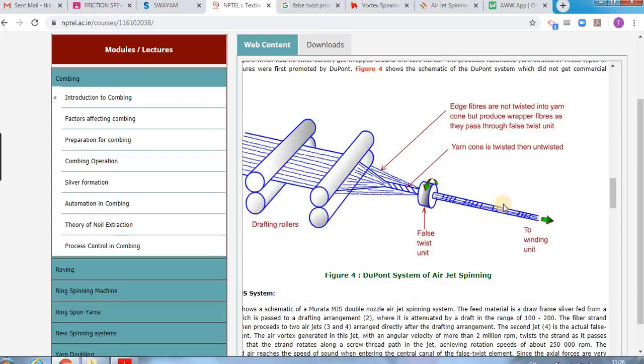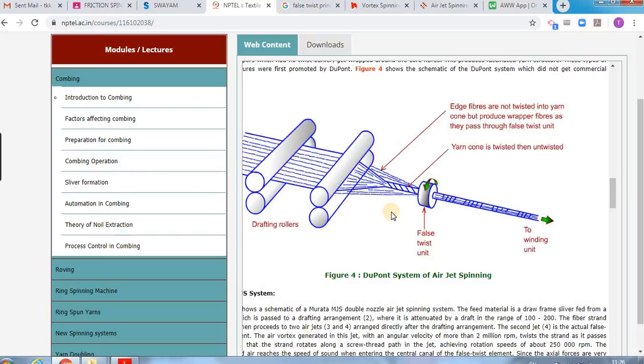So the yarn strength is very low. Because of this limitation, the DuPont system has not been commercialized. After that, Murata, the machinery manufacturer, came up with a concept called MJS, Murata Jet Spinning, which is a more commercialized version compared to this DuPont system, right?